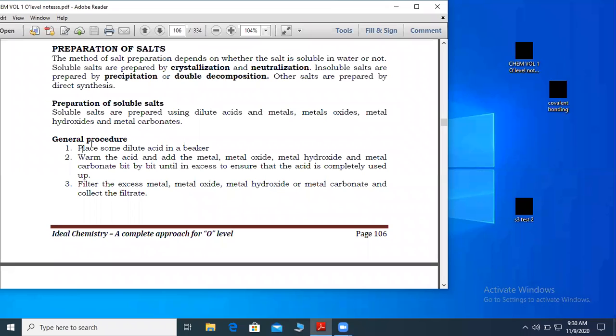You want a salt which is a chloride, you must use hydrochloric acid. You want a salt which is a sulfate, like copper 2 sulfate, then the acid to be used should be sulfuric acid. You want a salt which has a nitrate, like lead 2 nitrate, the acid to be used must have a nitrate.